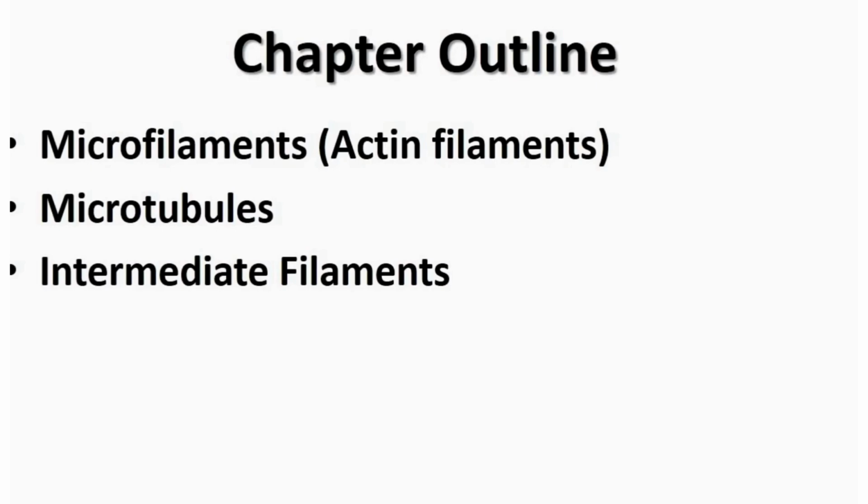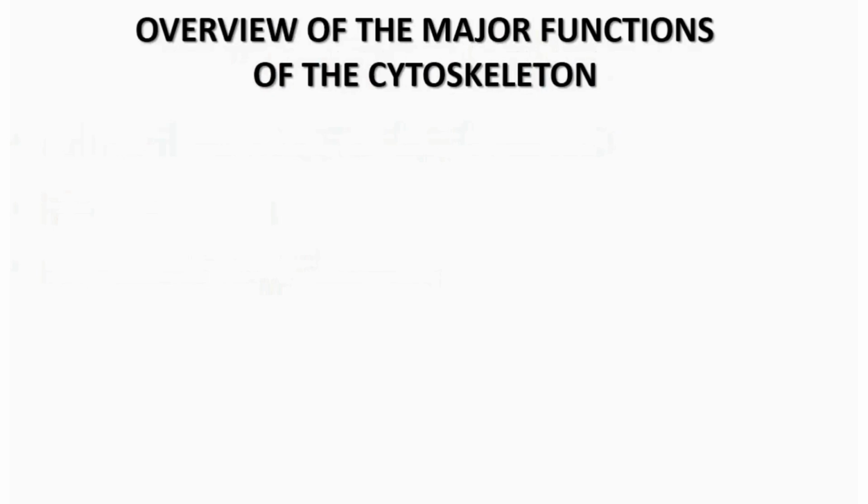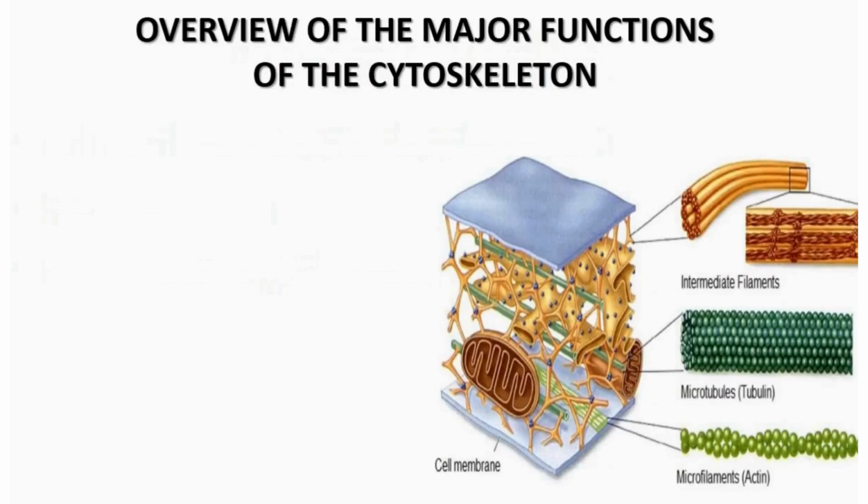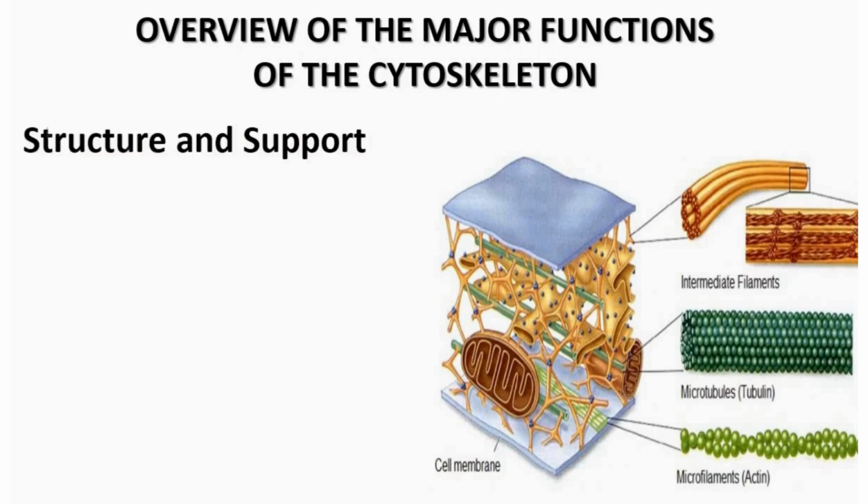At the very outset, let me give you an overview of major functions of the cytoskeleton. When we talk about the major functions of cytoskeleton, 5 important functions come to our mind. The first and foremost, structure and support.